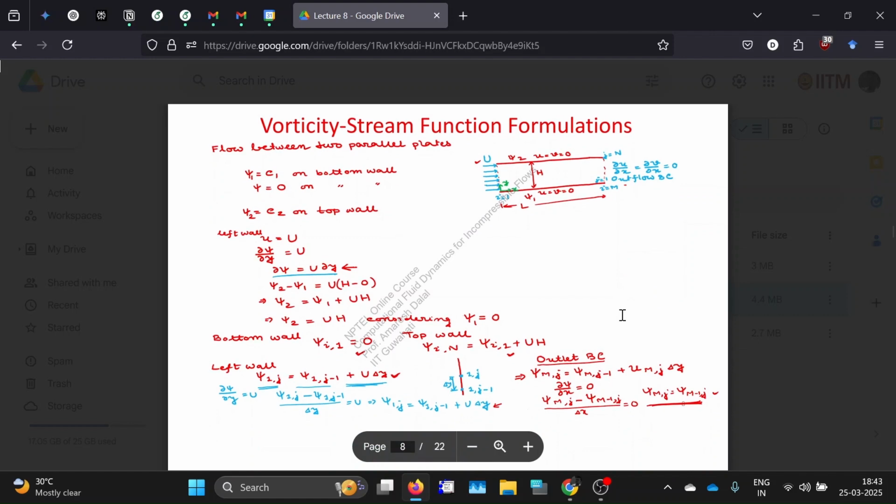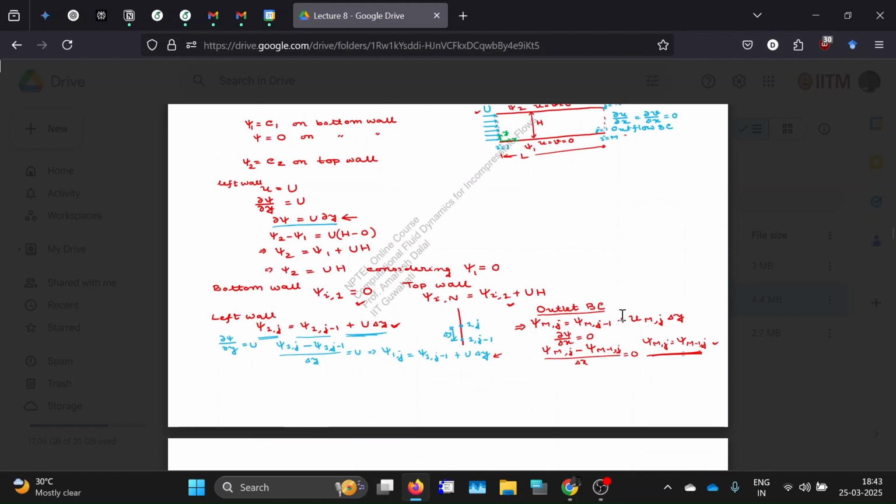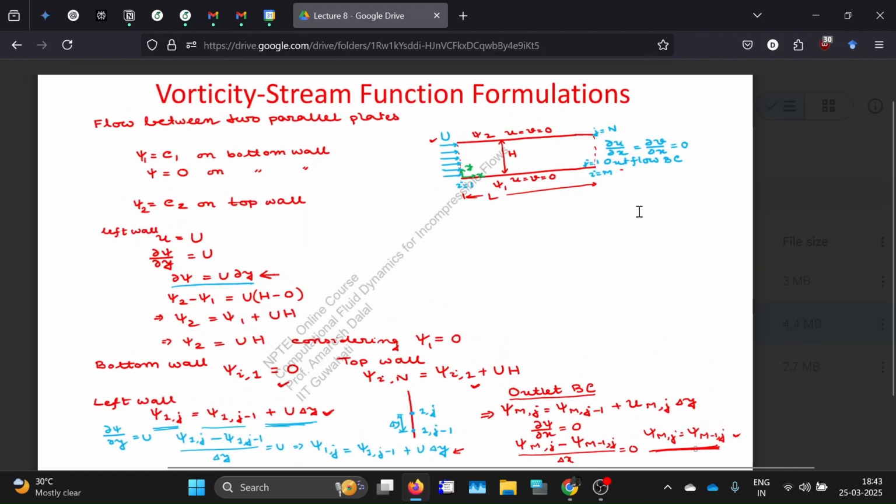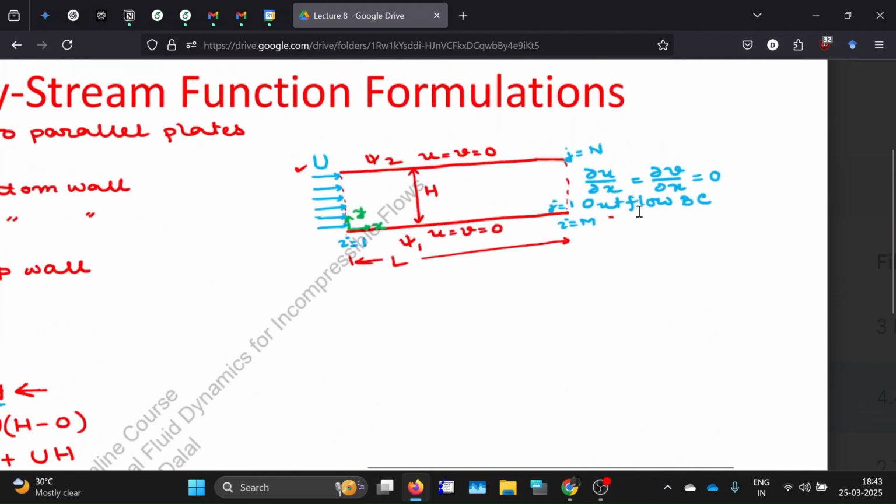Yeah, here. In this, the outlet condition, del u by del x is zero. That's okay, but del v by del x is zero, not del y. This will also be in the x direction. So fully developed means that in the direction of the flow, it's not changing anymore.